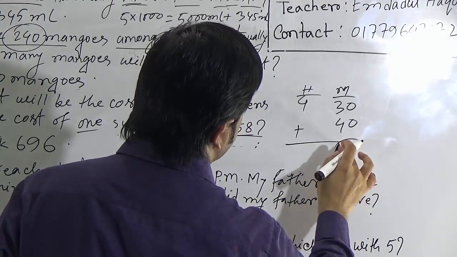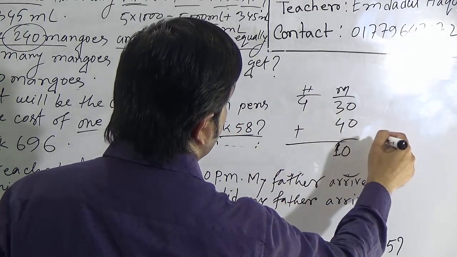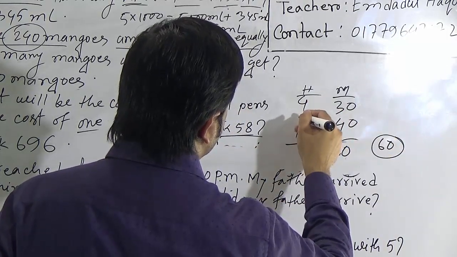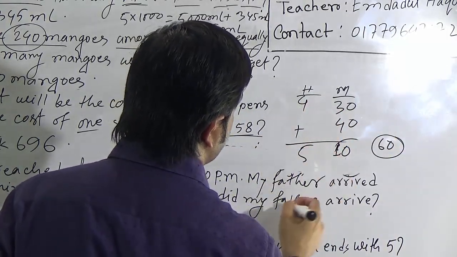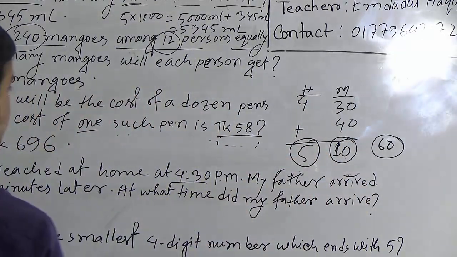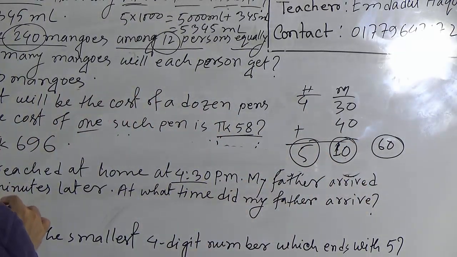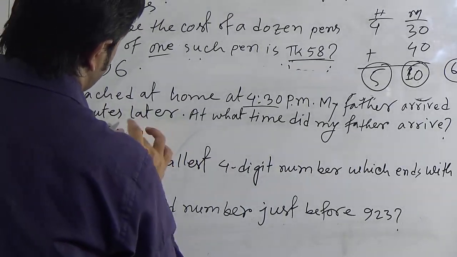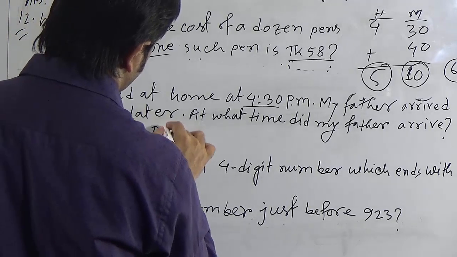We can write here 10 minutes. And for 60 minutes, we can take 1 hour, that we have to add with 4. This will be 5. It means 5 hour 10 minutes. It means at 5:10 p.m.